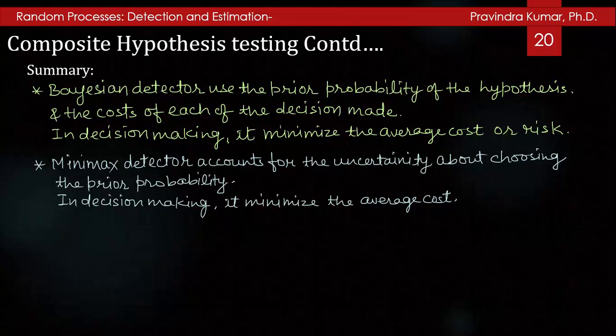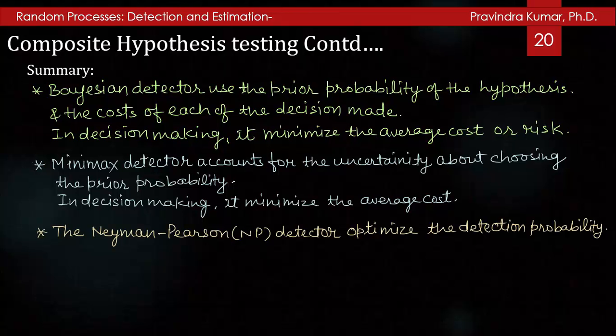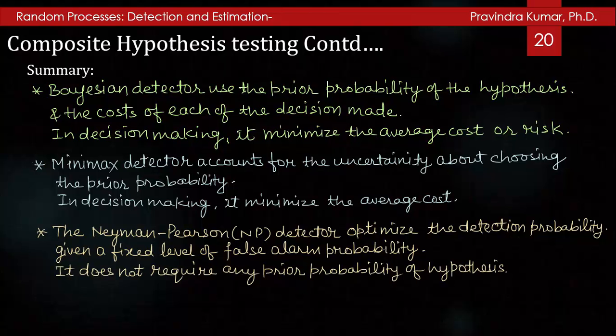And the Neyman-Pearson detector is the well-known classical detector which optimizes the detection probability for a given fixed level of false alarm probability. It is based on the observed data only and does not require any prior information about the hypotheses.